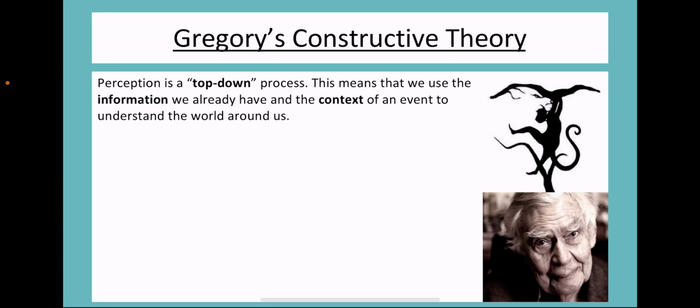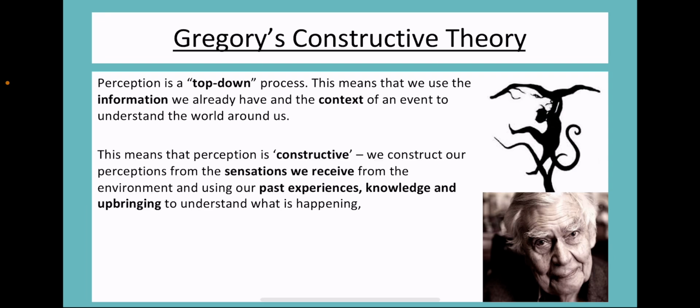Basically, that's because Gregory says that to make perceptions, we're using information that we already have. So that's our past experiences, our knowledge that's in our brain. We're going to use that information to make a perception. And then we're going to use the context of the event or the environment to help us understand what's going on around us. So basically what that means is perception is a constructive process.